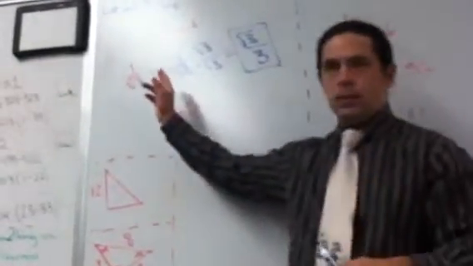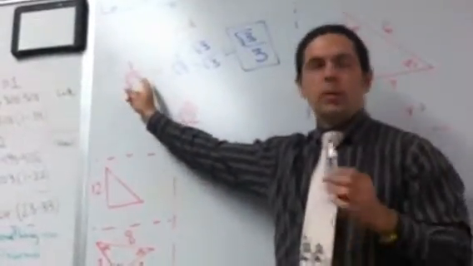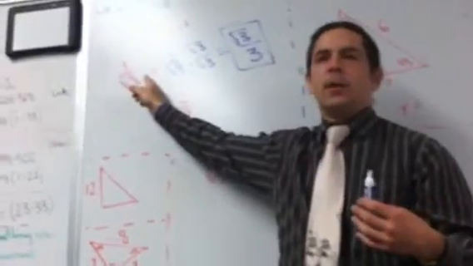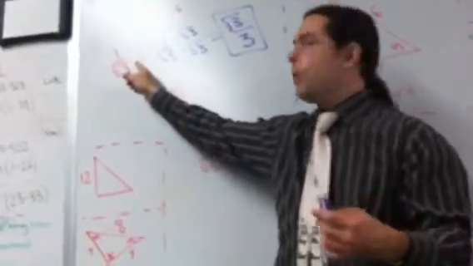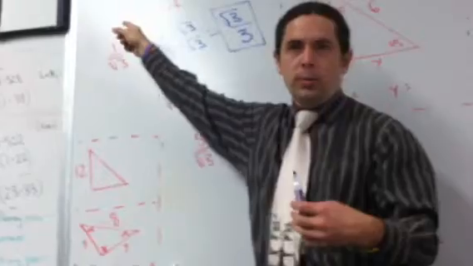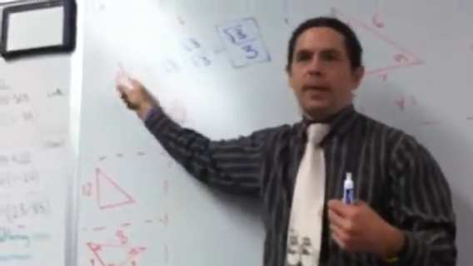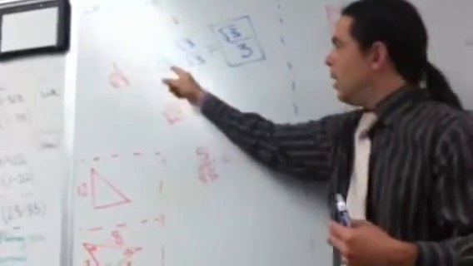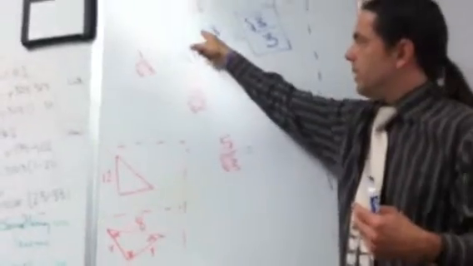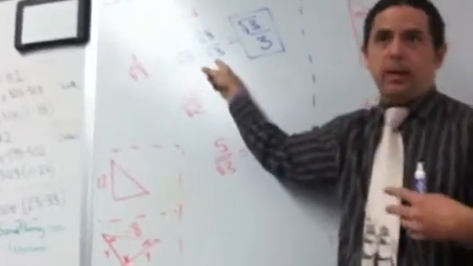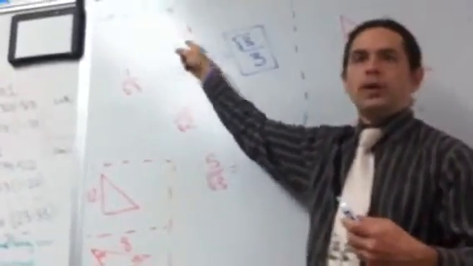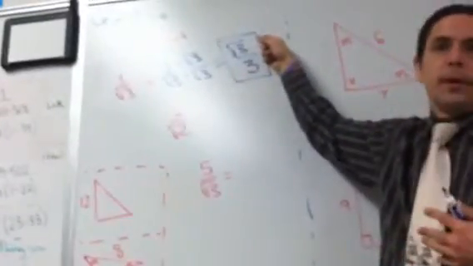Okay, so let's go back to this. Are we allowed to have a radical in the denominator? No. So we have to multiply numerator and denominator both by that radical, right? So we take the original number, we multiply by the square root of 3 on top and on bottom. 1 times the square root of 3 is the square root of 3.